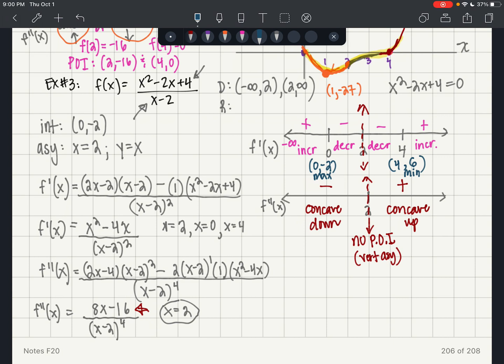And now we would be ready to graph our function. So we're going to have increasing, I'm just going to write all this down, increasing from -infinity to 0, 4 to infinity, decreasing from 0 to 2, and 2 to 4.